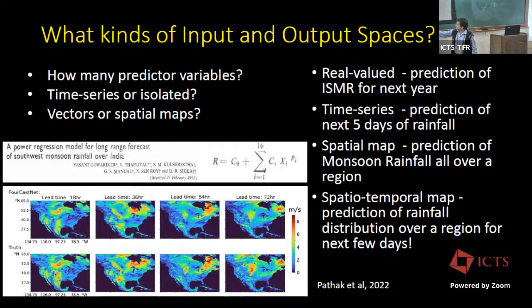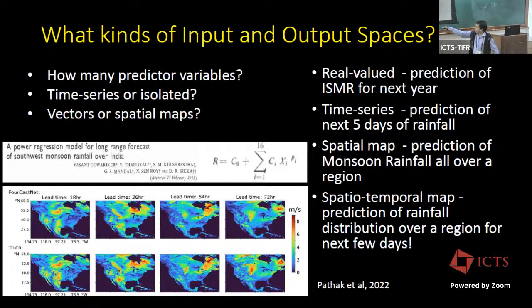What you are seeing here is the outputs from ForecastNet, which is one of the well-known AI-driven weather forecast models. It is giving you spatial maps of wind speed in meters per second all over the American region, and at different lead times. From t equal to 0, 18 hours from that, this is what the wind speed map over the US will look like.